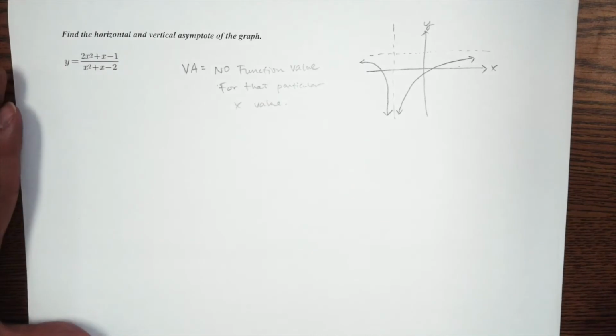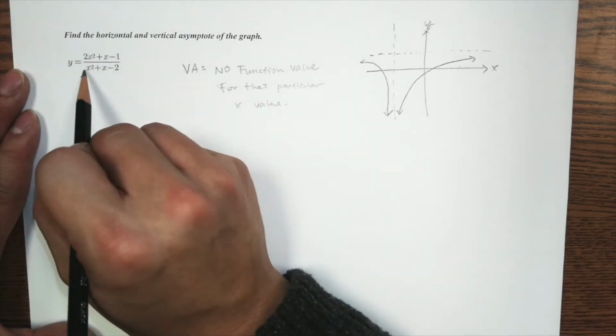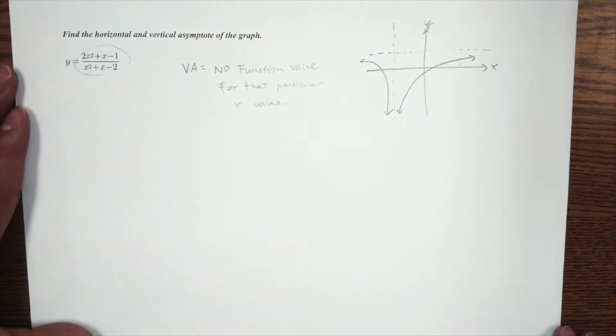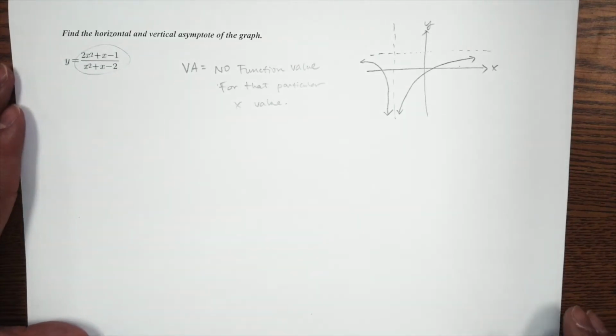So if you put in x into the function, nothing in return. It says undefined. And if you look at this example, you think about, is there any point where there will be an undefined result for this function?